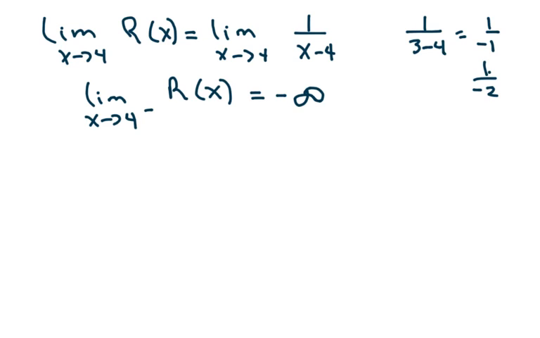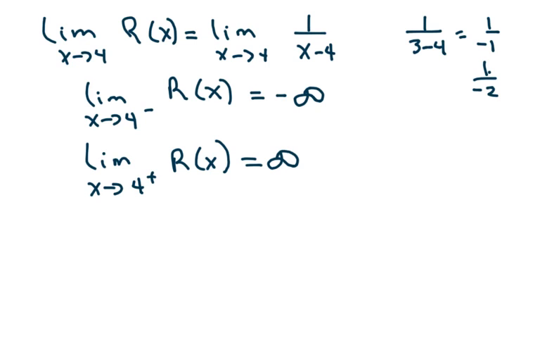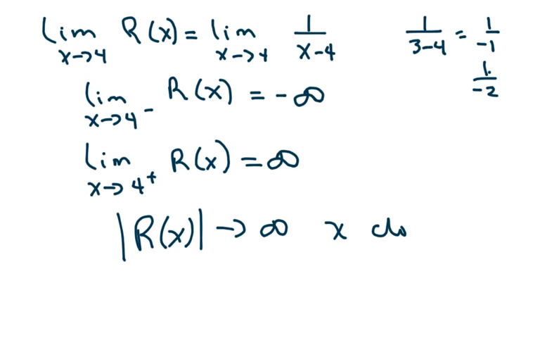Now, when we approach from the positive side, if you put in 5 and 6, it's going to go to infinity. So basically that means the absolute value of R of x will go to infinity for x close to 4.